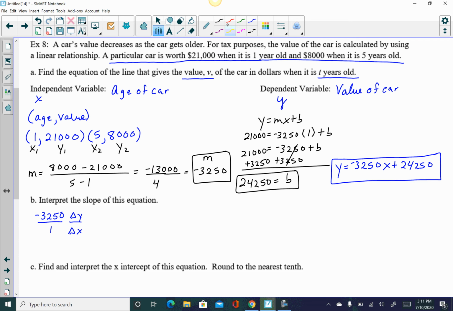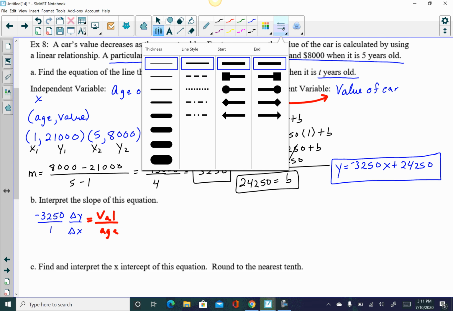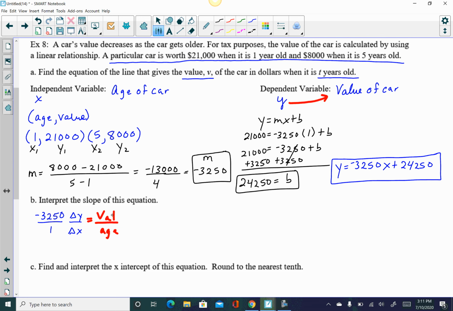We come back up here and we recognize, okay, my y is the value of the car. So up here, this is the value. On the bottom, that's your x, so this is the age of the car. So then what we're seeing here is that every year the value of the car decreases by $3,250. Oh goodness, I promise I don't have this bad of handwriting.